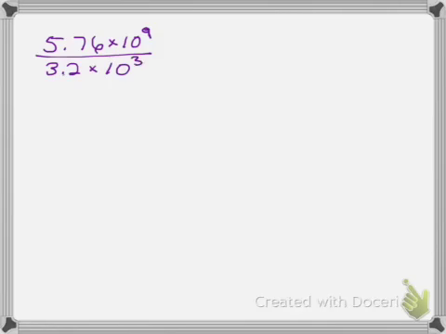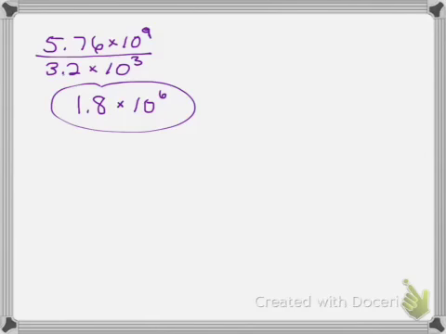Okay, so I'm going to get 5.76 divided by 3.2 gives me 1.8. And 9 minus 3 gives me 6. And so we need to check, does 1.8 break the rules? No, it doesn't. It's greater than 1, less than 10. So voila, that is my answer.